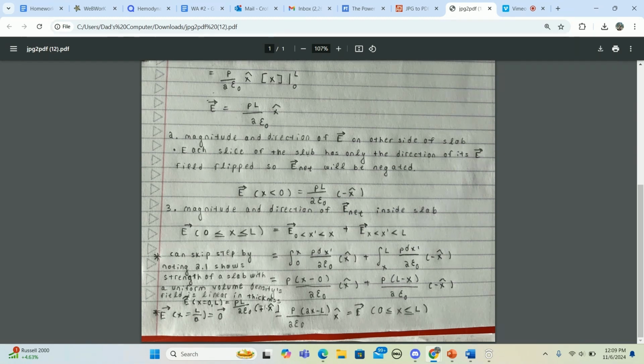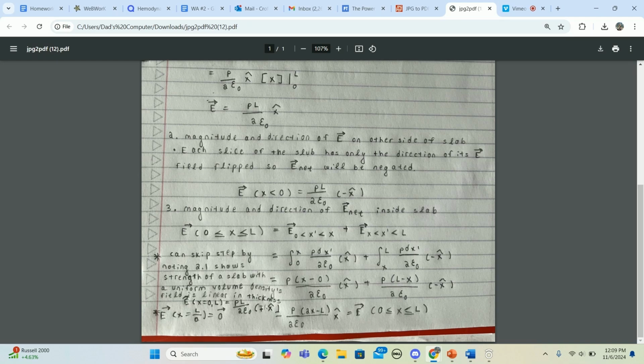And then finally, for the third question, we're determining the magnitude and the direction of the net electric field inside of the slab, where x is greater than or equal to 0 but less than or equal to the length of the slab.